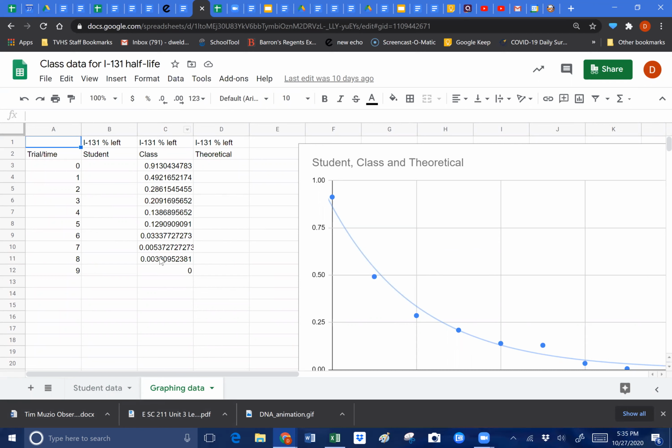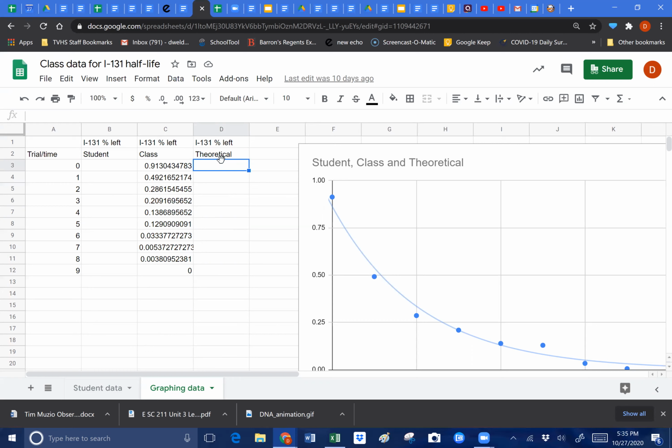The class data is already filled out for you. I did not make you redo it, but you do have to fill out the decimal and percentage of the lab data that you got. And then also you have to fill out the theoretical amount that would happen. Once you do this, it will automatically populate the graph, so you don't even have to regraph it.